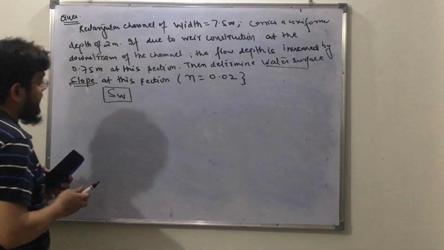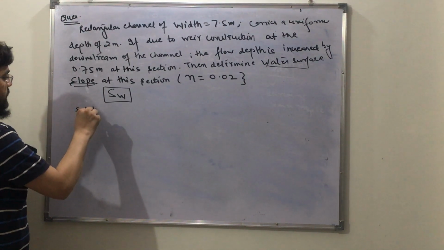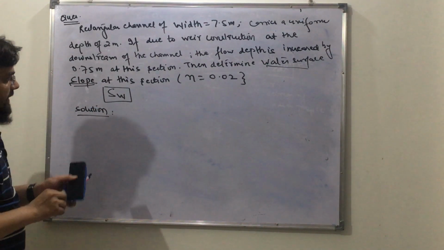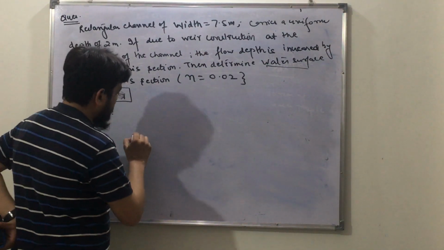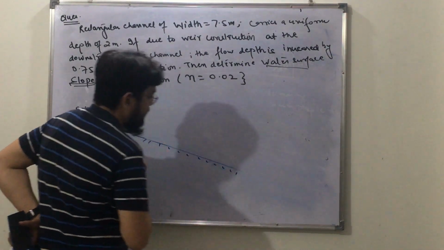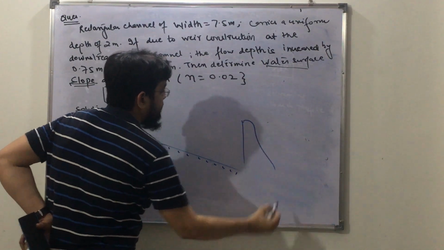Now let us see the solution. Suppose we have this bed slope. What we have done is constructed some weir.